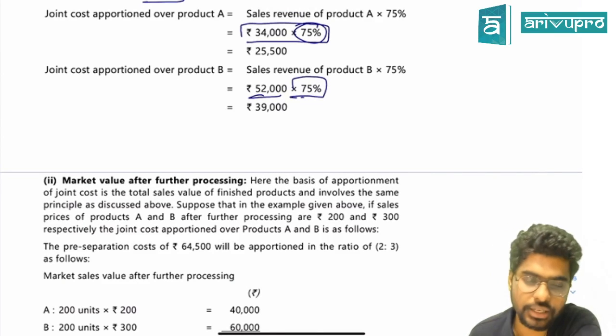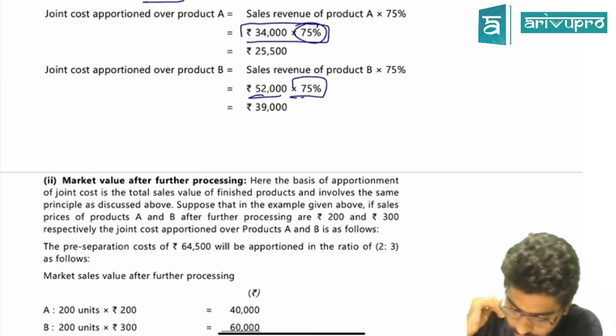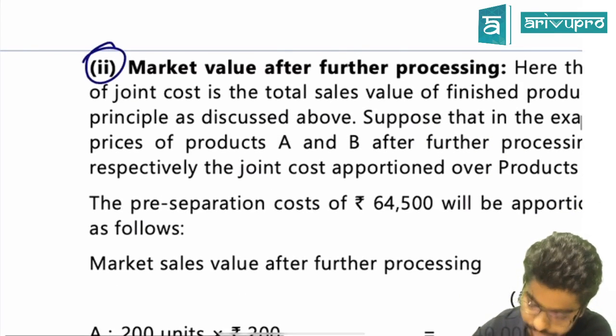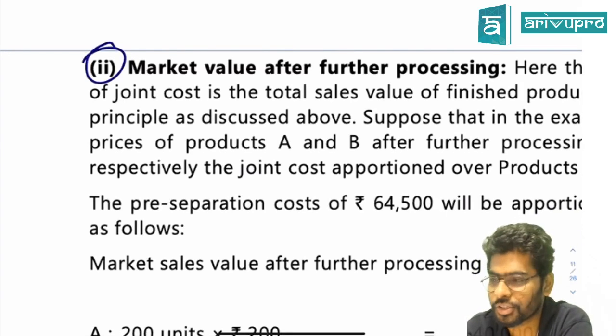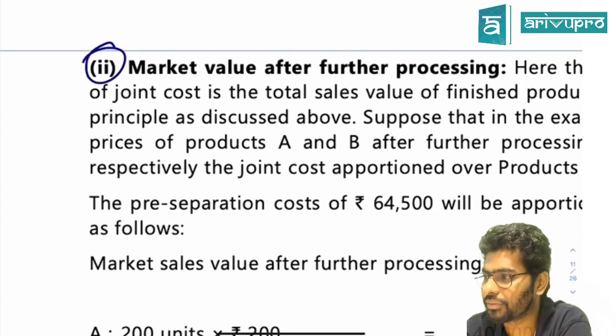Okay, the next one is the one we generally use in real life too: market value after further processing. The multiplying factor is basically done by taking the joint cost divided by the total sales revenue.